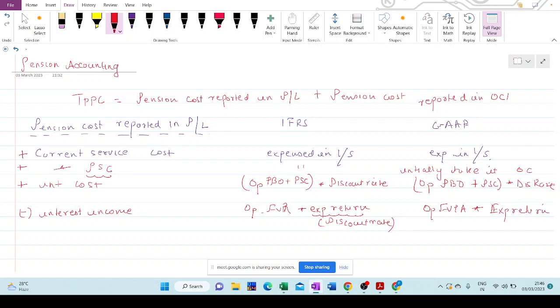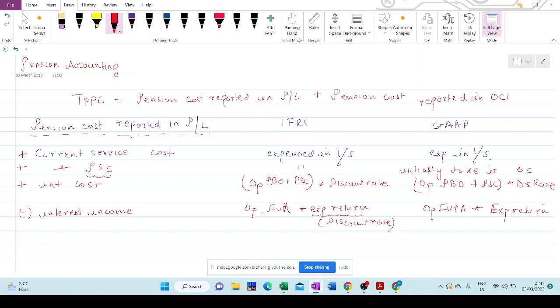IFRS says that the expected return is the discount rate, and US GAAP says that the employer or the company gets to choose the expected return.